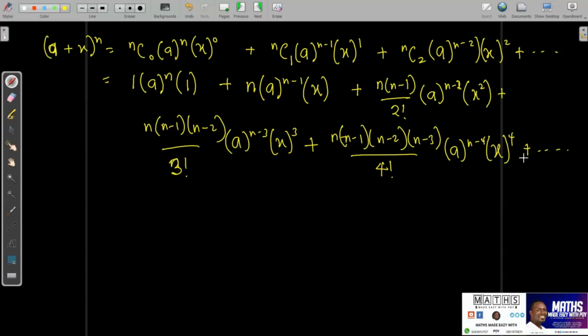In this case, watch this carefully. If I change the a to become 1, this formula, as you see here, can be used whether n is a negative number or a rational number, because when you simplify it into the factorial form, it makes it easier for you to expand.